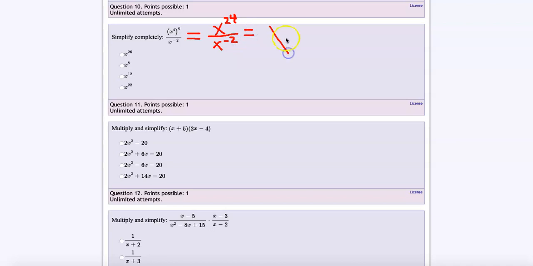With the quotient rule, if you have the same base and you're dividing, instead of adding your exponents, you're going to subtract the lower one from the upper one. And if you subtract a negative 2 from a 24, 24 minus negative 2 is not 22 but 26. So it's that answer choice right there.